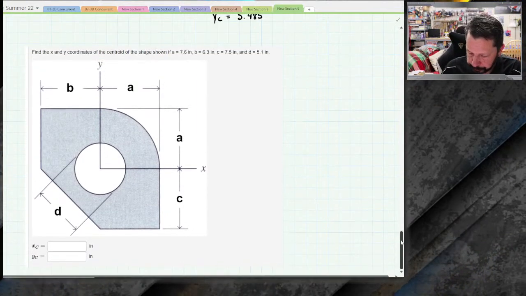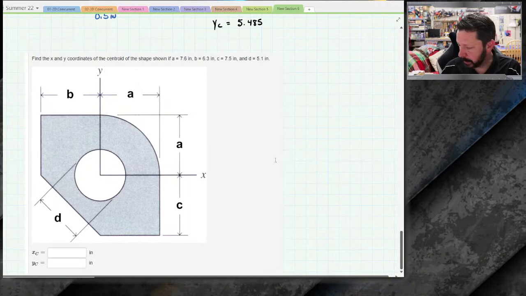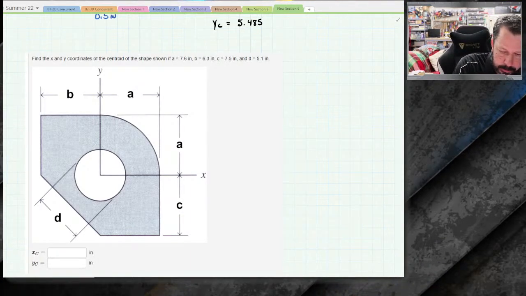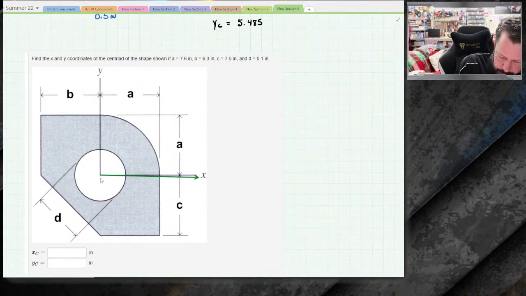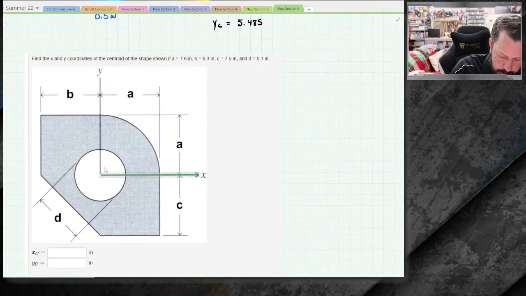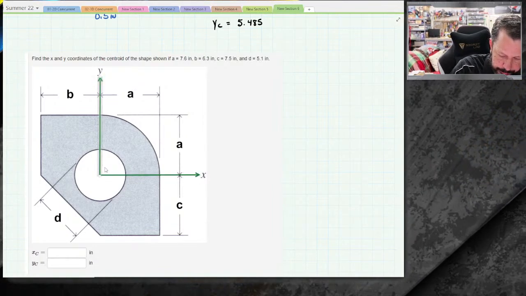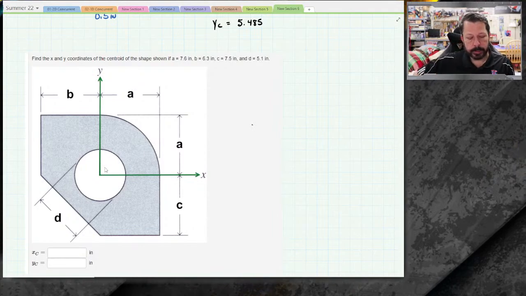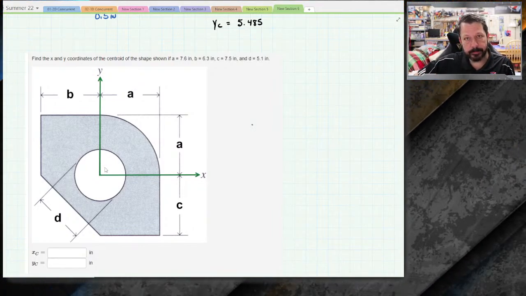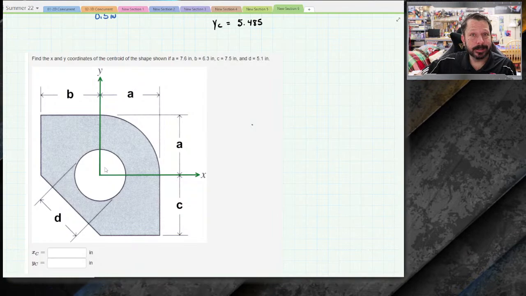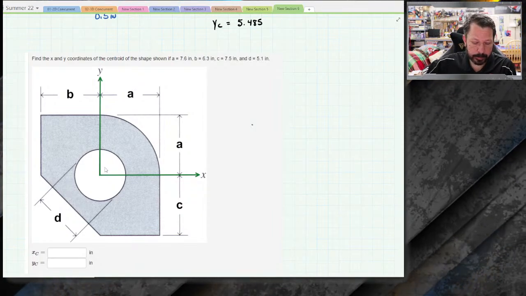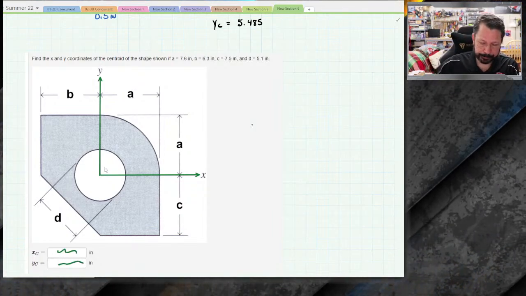All right. So what we have to do, this one gives us our reference axis, so you can see those on there. I'll just overlay them. There's X and there's Y. So all of our measurements need to be made from those reference axes, or at least translated to them when we go to plug them in, down here somewhere.